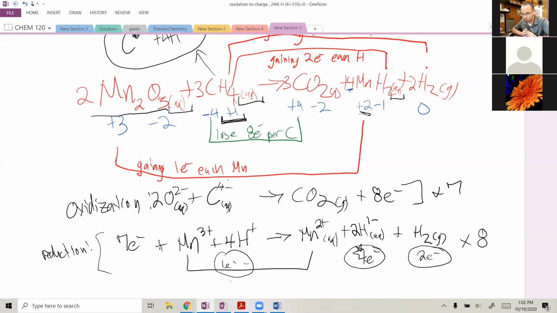And so what I want you guys to do is we're going to take our balanced equation and we're going to update this. So instead of only looking at one Mn, how many manganese do we have from our balanced equation up here? 2. 2 inside of here and the 2 in front.